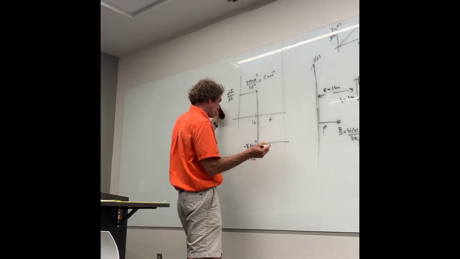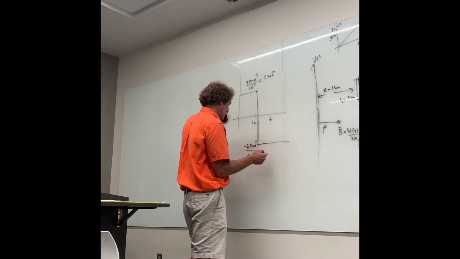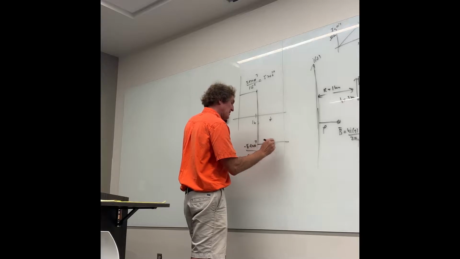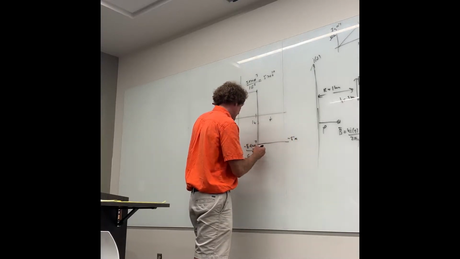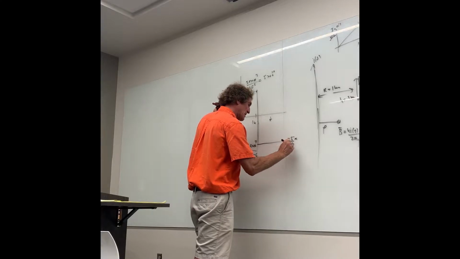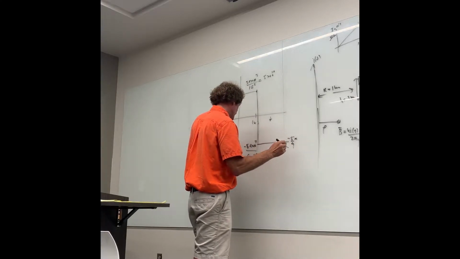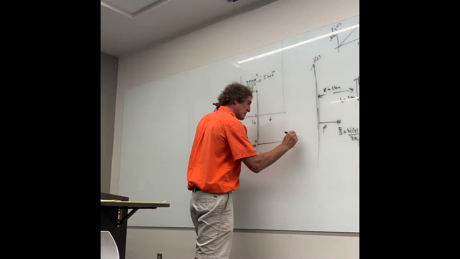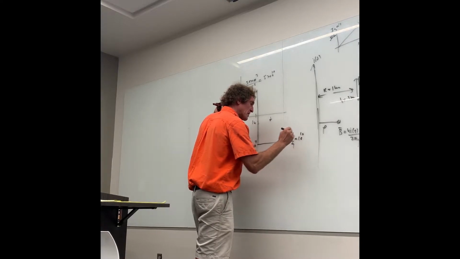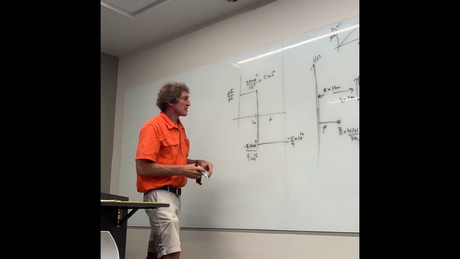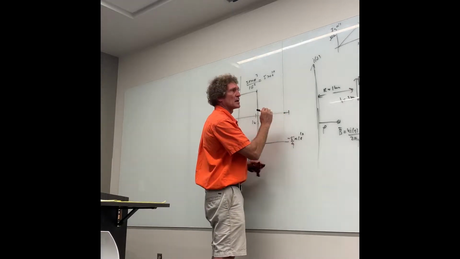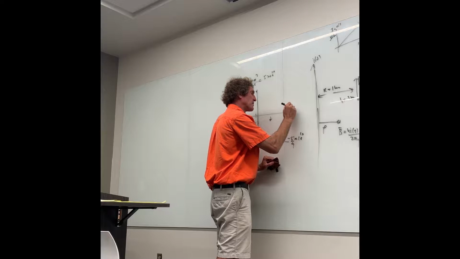So what is that going to be? This is going to be minus 5 over 9, minus 5 ninths times 10 to the 10th, right? Correct, class? All right, now that's the di dt out to 10 microseconds.